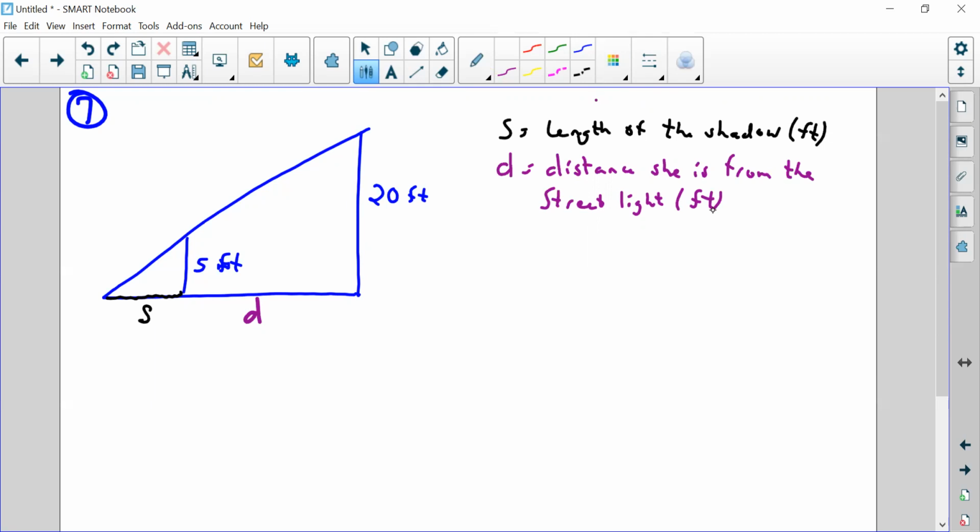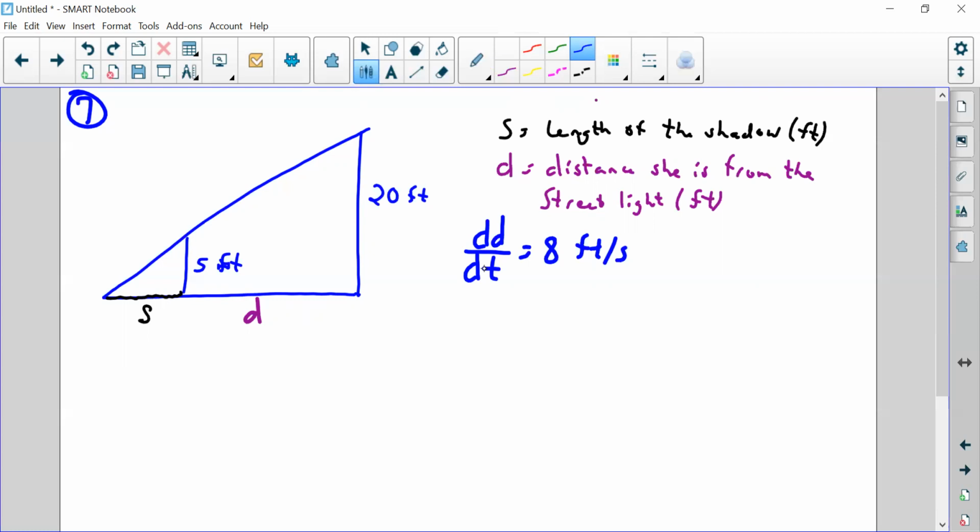What else was given to us? The woman walks at 8 feet per second toward the street light. So we got 8 feet per second. What would be our calculus notation for that? dD/dt, derivative of D with respect to time, would be that 8 feet per second.